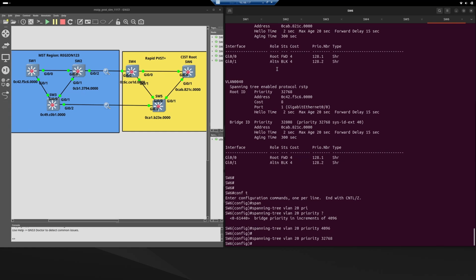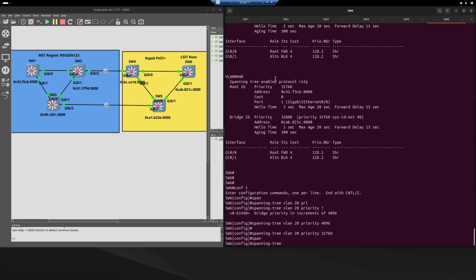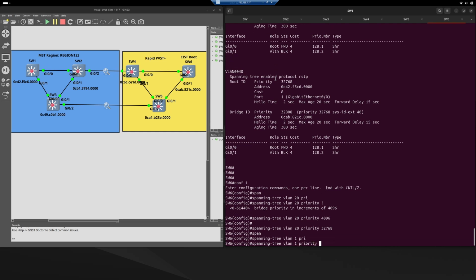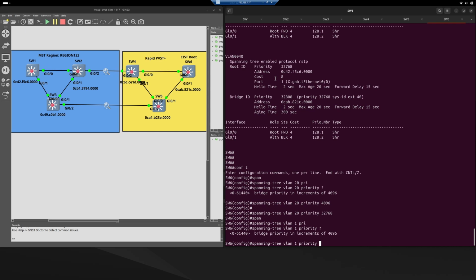On switch 6, we should lower the priority of the VLAN 1 instance. So spanning-tree vlan 1 priority, and let's make it 4096. We won't make it 0 because it wouldn't work that way, and I will show you why shortly.